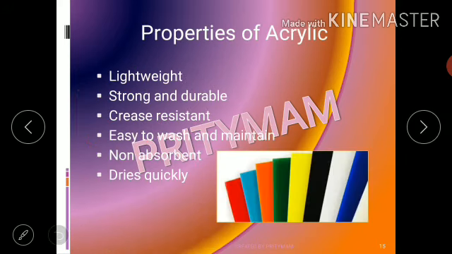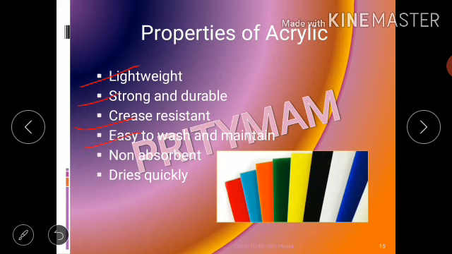The properties of acrylic. Acrylic is light in weight and yet it is strong and durable. It is soft and warm also. It is grease resistant and it is easy to wash and to maintain.